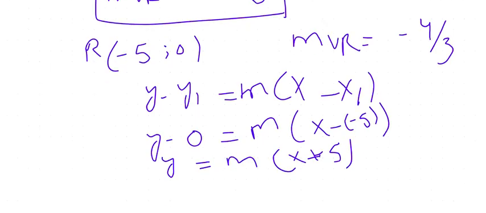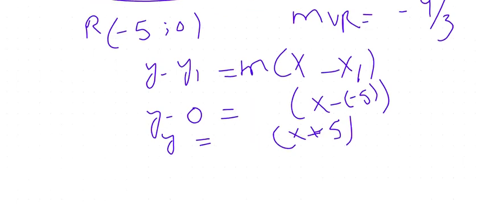What is the value of m we have? Minus 4 by 3. Okay? So it becomes minus 4 by 3. So the equation we got is y equals minus 4 by 3 x minus 20 by 3.